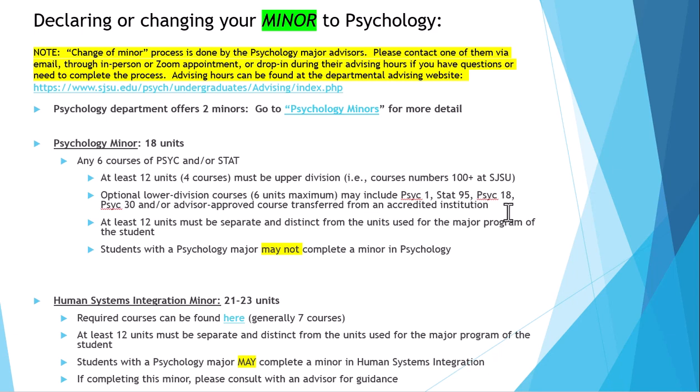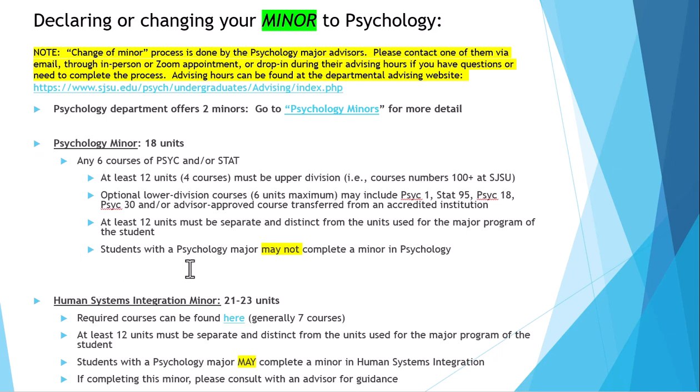Again, if you've taken courses at a community college in psychology or statistics that you think might fulfill a minor requirement, then you should come and talk to one of the advisors, and we can review that with you.